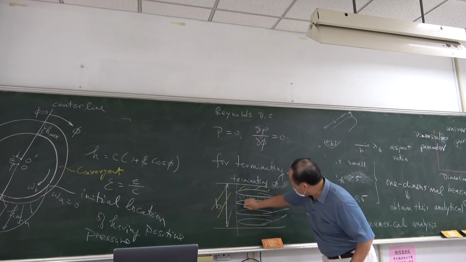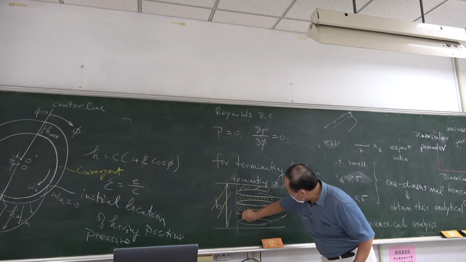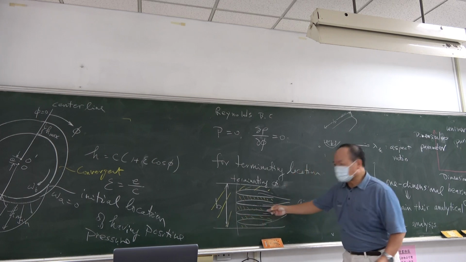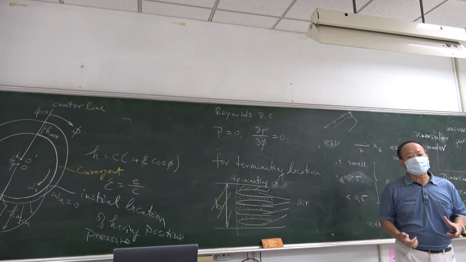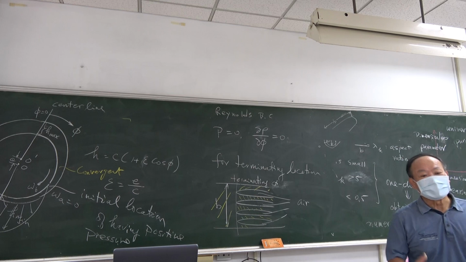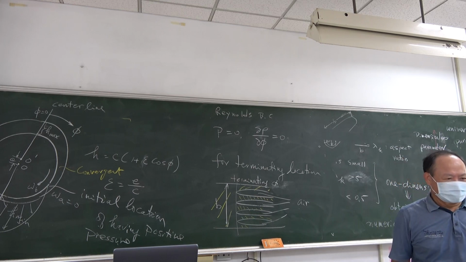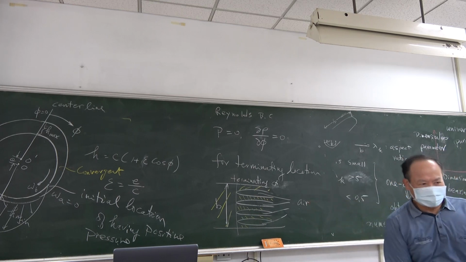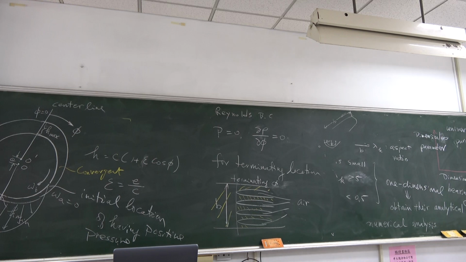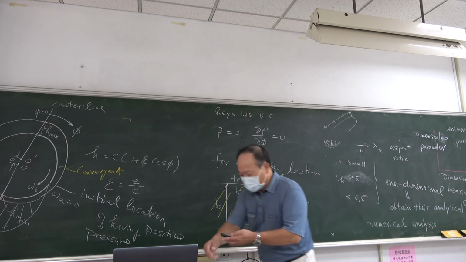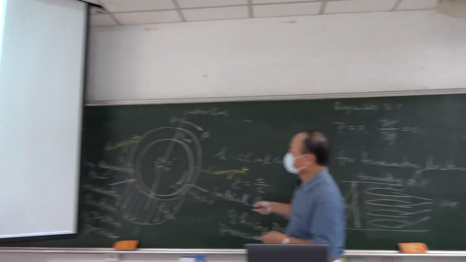In the yellow region, it's still oil. But in some regions, they create some cavitation, I mean air bubbles, after the terminating location. So this is how we use the Reynolds boundary condition.